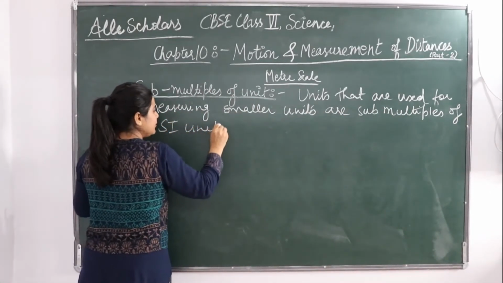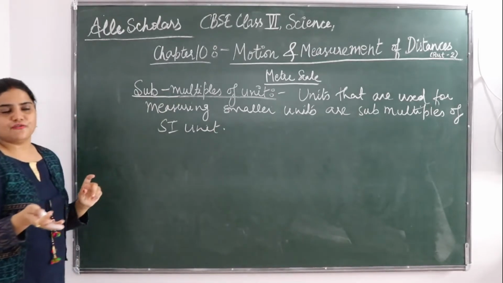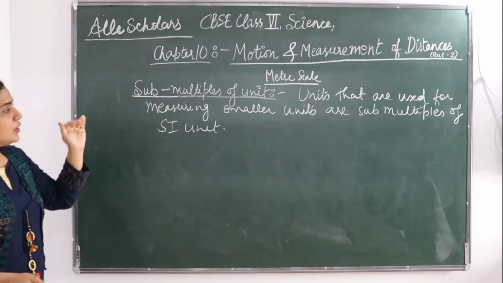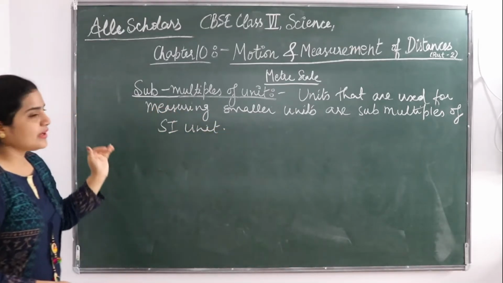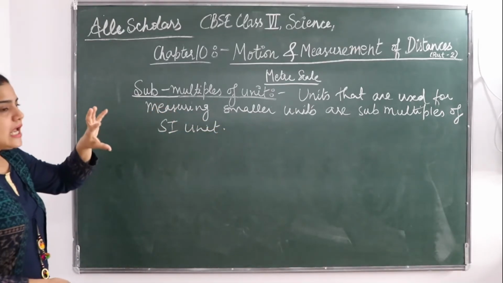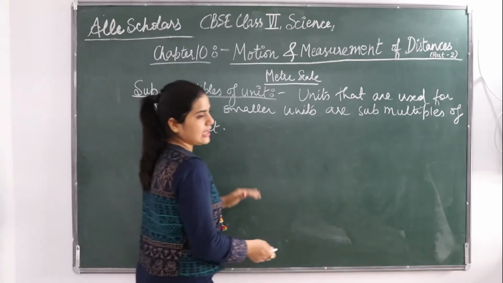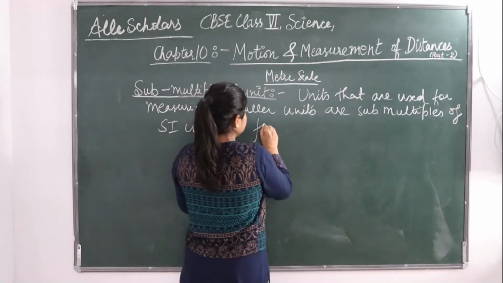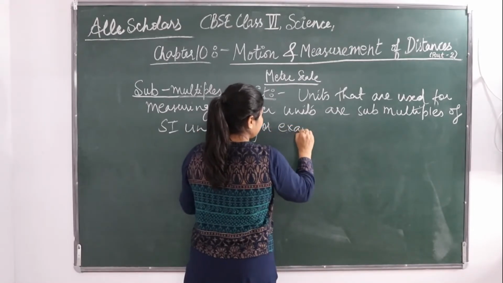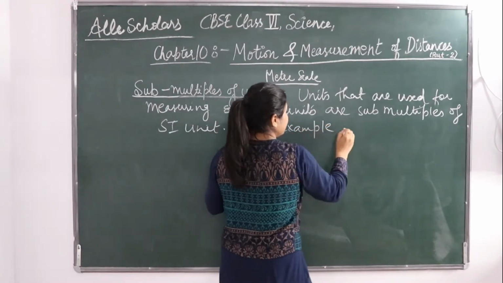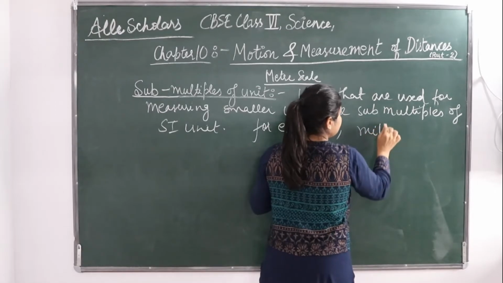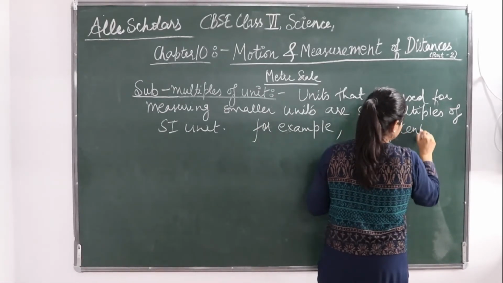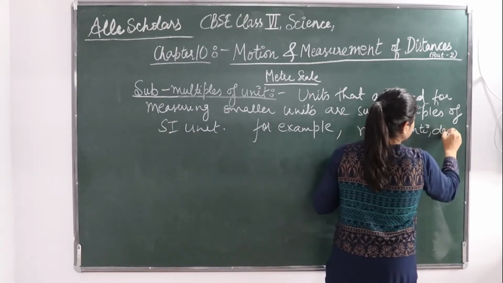Okay, for larger units they were the multiples of SI units, but if you talk about sub multiples, units that are used for measuring smaller units are the sub multiples of SI units. So for example, milli, centi and deci.